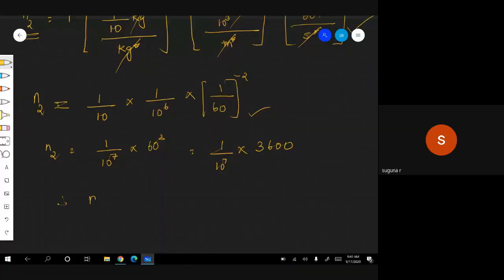Therefore, n2 is equal to 36 into 10 power 2 into 10 power minus 7.